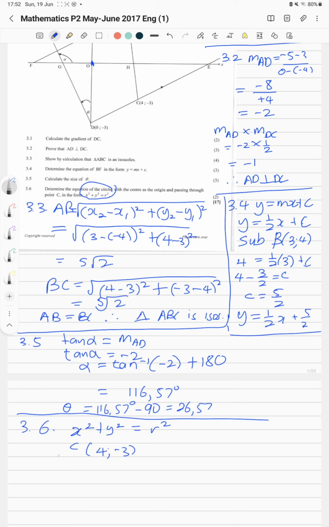So substituting that in there will be 4 squared plus minus 3 all squared is equal to r squared. Must have the brackets for the negative. Put it in your calculator and that'll give you 25. And we don't need to find the radius because we need r squared in the equation of a circle. So x squared plus y squared equals r squared, which is already 25, and that completes the equation of that circle. I hope this is helpful to you.